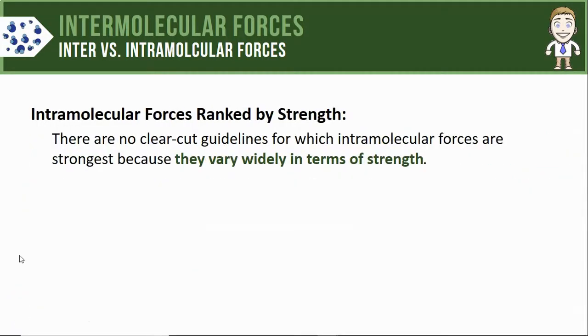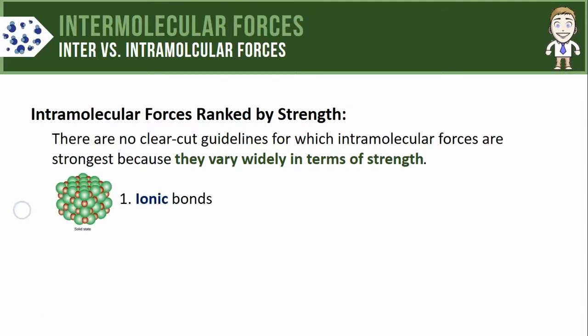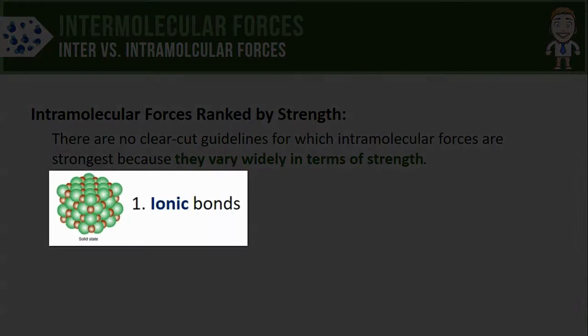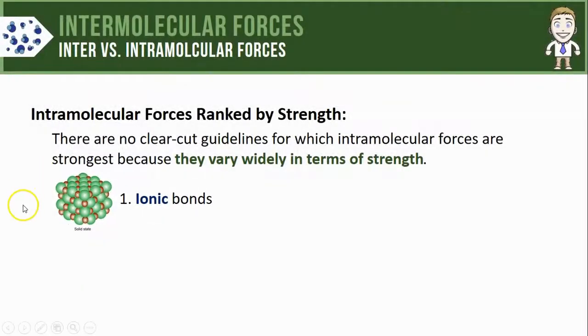So now let's focus in just on the intramolecular forces and generate an official list of all the ones you'll see, and we'll also rank them roughly by strength. Now this is kind of tough to do because there's no clear-cut guidelines here for which of them are strongest and which are weakest, because they can vary widely in terms of their strength. Despite the fact that they can vary widely, you will often see ionic bonds being listed as one of the stronger types of intramolecular forces or chemical bonds.